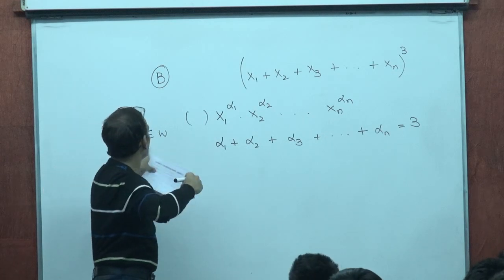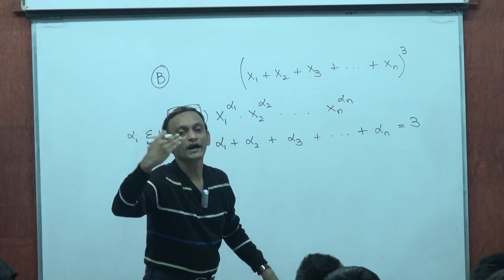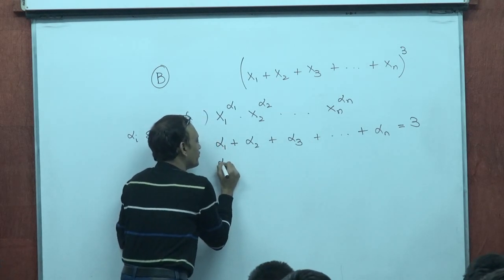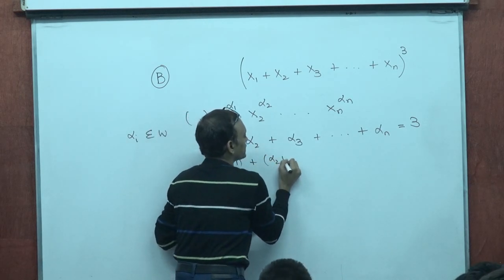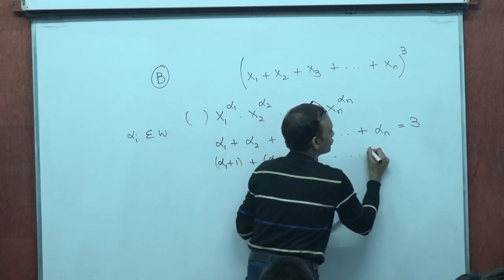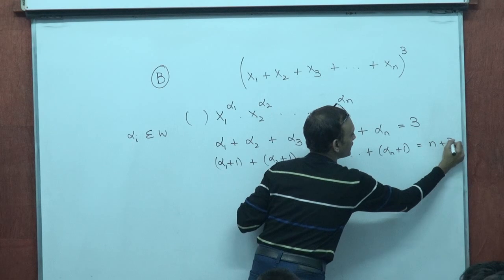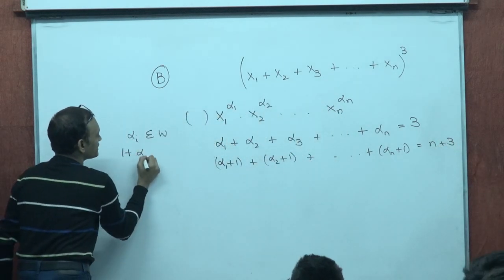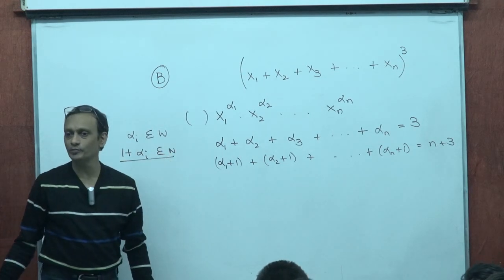What we do is, we convert these alpha i's that are whole numbers into natural numbers by adding 1 to each one of them. So this will become 1 plus alpha 1, 1 plus alpha 2, 1 plus alpha n equal to n plus 3, where the 1 plus alpha i's will be natural numbers.